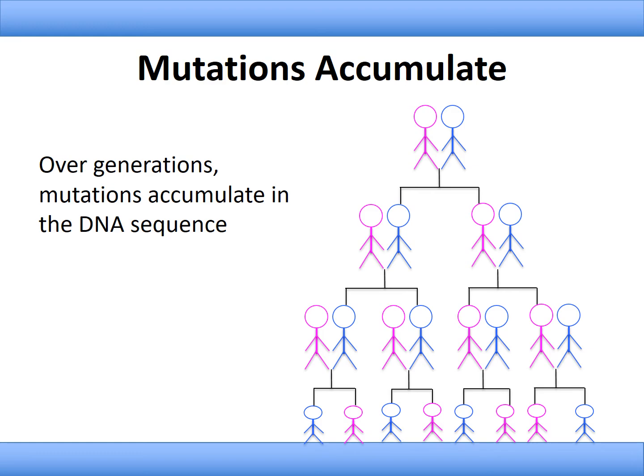Imagine if, by random chance, a mutation occurred in this woman. That mutation doesn't go away when she has children. In fact, it gets passed on to all of her descendants. There they are. In this same lineage, maybe a second mutation happened in this person by chance, and she passed it down to all of her descendants.